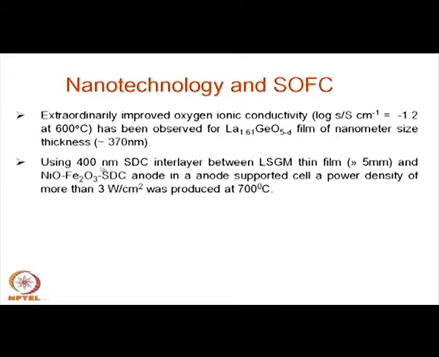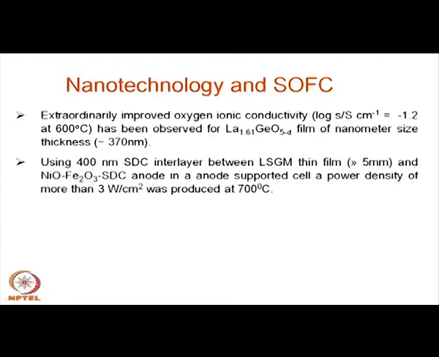Okay. So, this is an interlayer, of course, it is not used as an electrolyte, but it is an interlayer, and by using the concept of nanometer size particles or nanometer size films, one can get a power density of 3 watt per centimeter square.